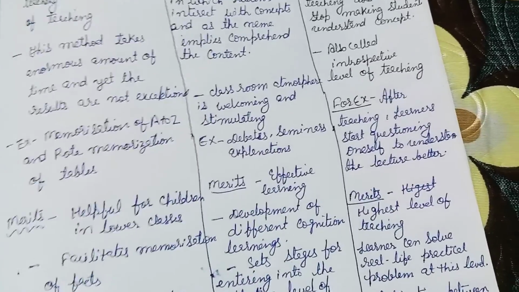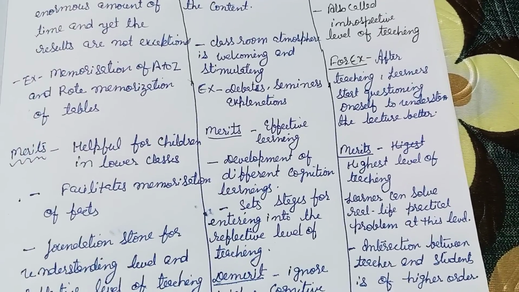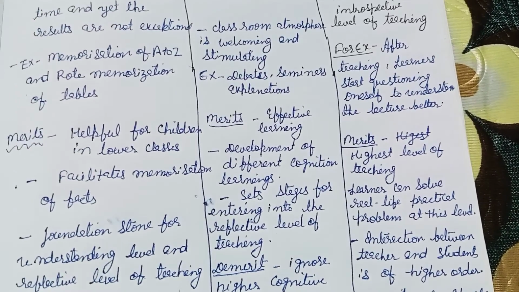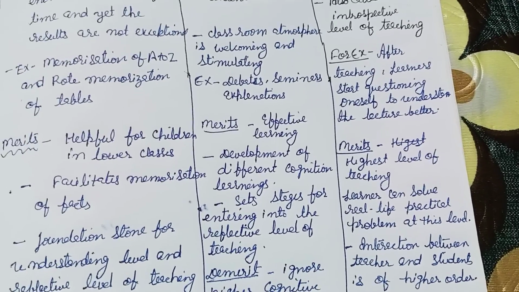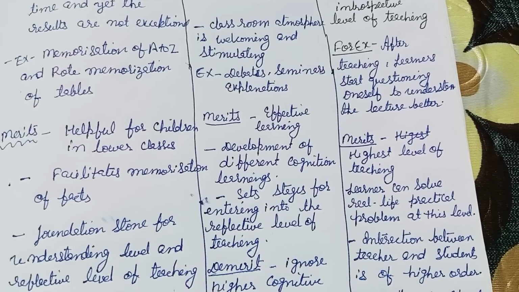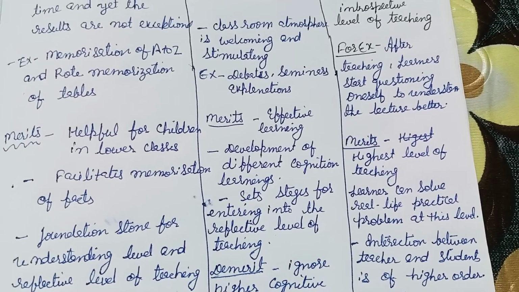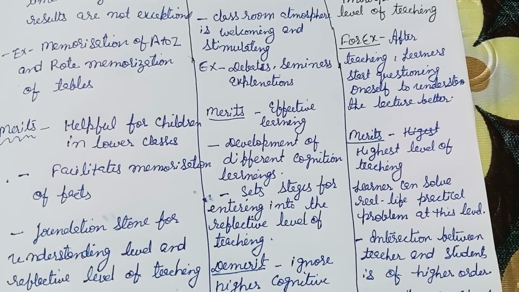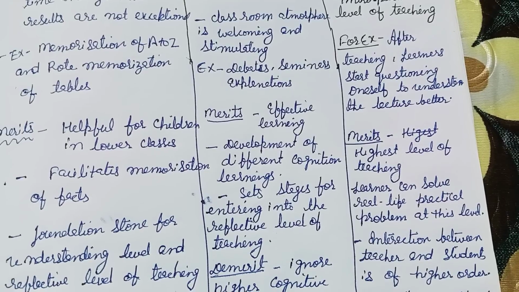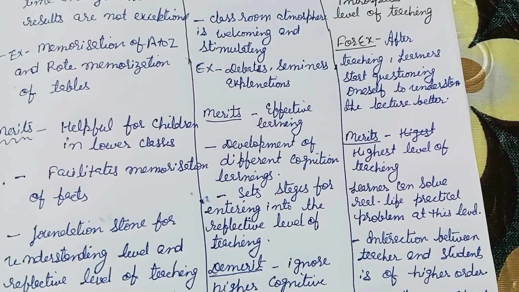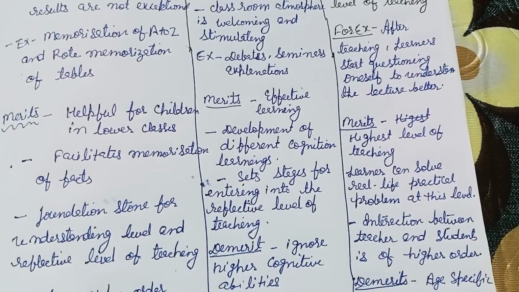It develops different cognitions and learnings and sets the stage for interacting into reflective level of teaching. As we know, we first learn, then understand, then we act. So this stage stimulates reflective level of teaching.